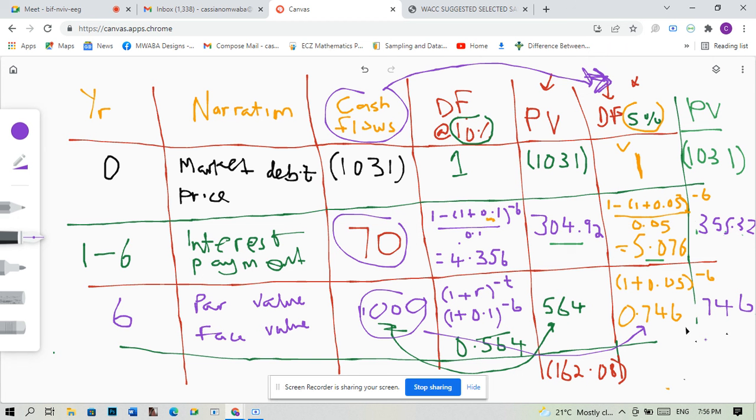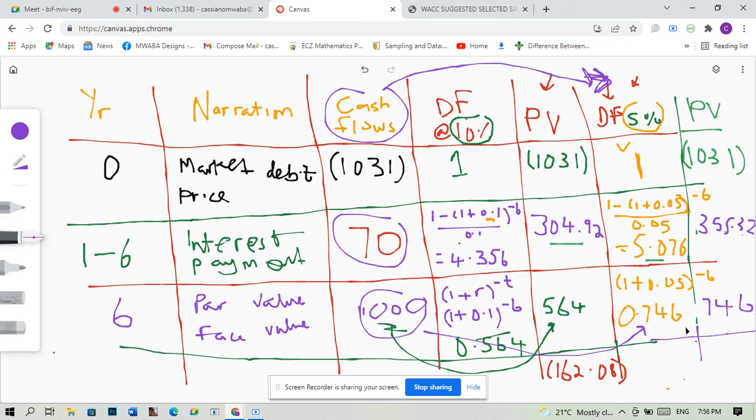Okay, then now we can do our calculation. It's negative 1031 plus 355.32 plus 746, and we're going to get 70.32.